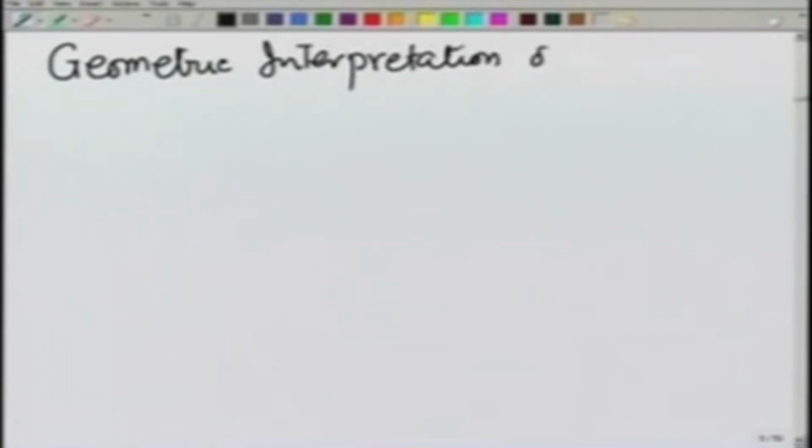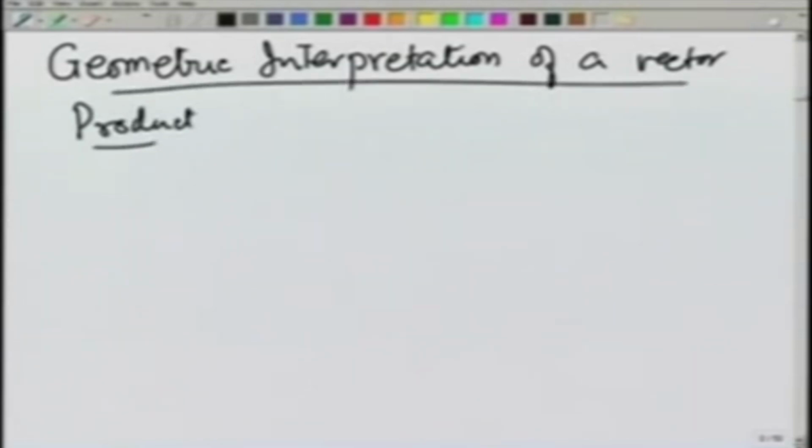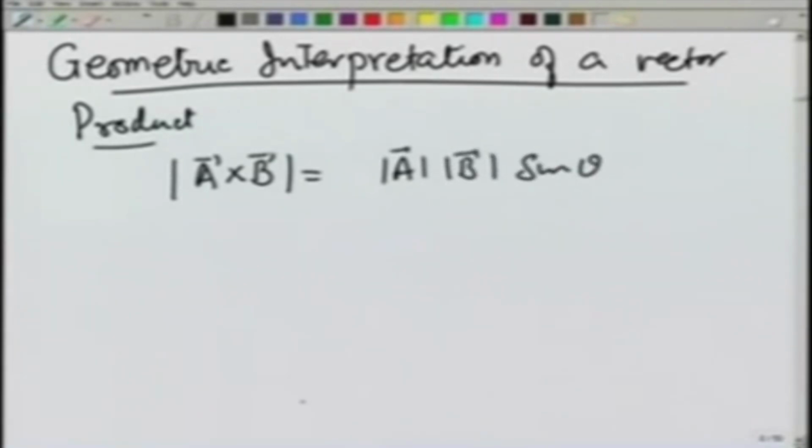Let us now look at the geometric interpretation of a cross product, of a vector product. A cross B, magnitude is nothing but magnitude of A times magnitude of B times sine of theta, where theta is the angle between them.